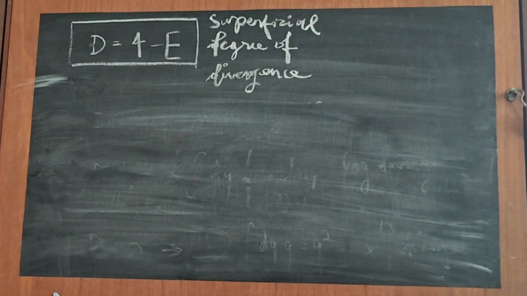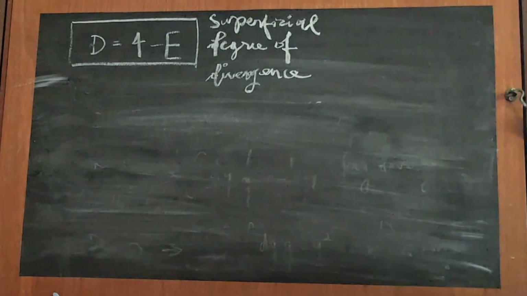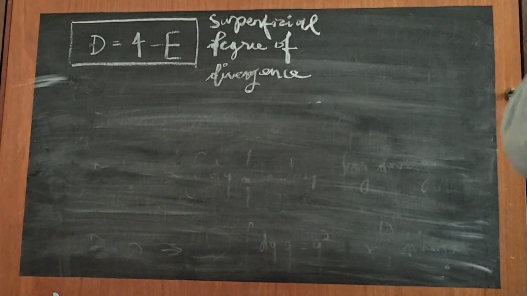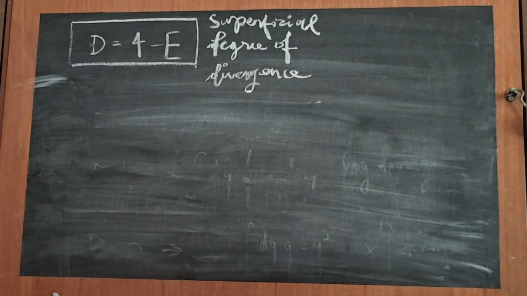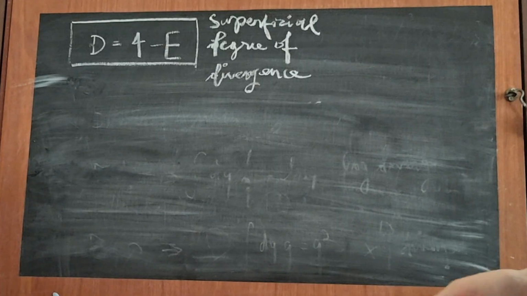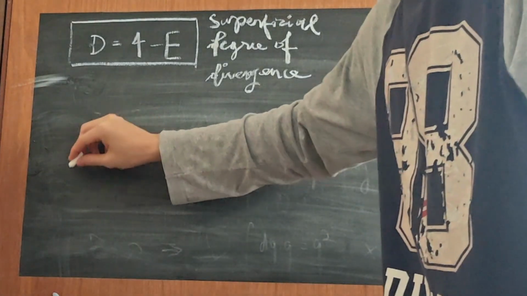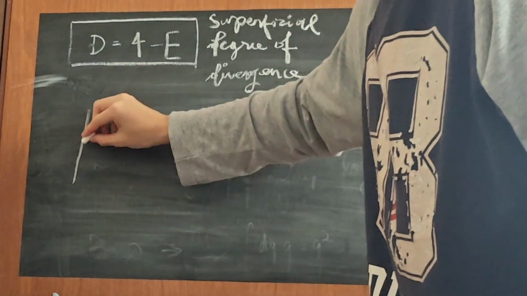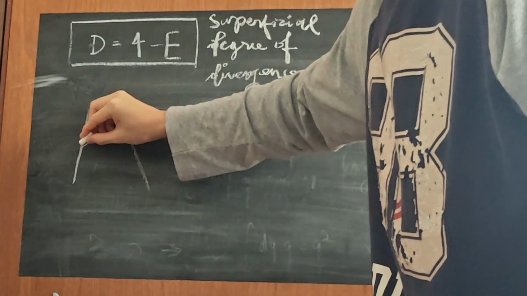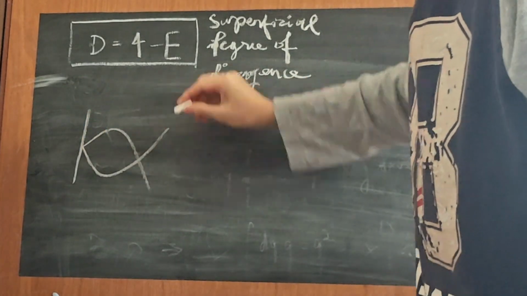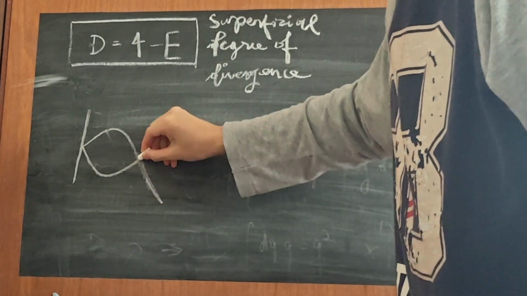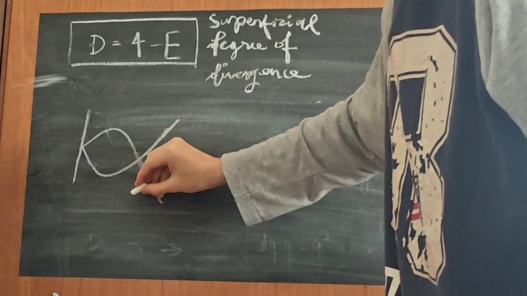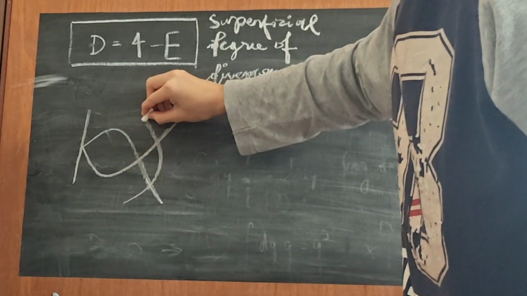Finally, we can talk about why this is called superficial. The reason it's called superficial is because it doesn't actually reveal everything about the divergence of a diagram, nor does it even reveal fully if the diagram is divergent. So let's consider a diagram maybe something like this, with, let's say, 6 external points.